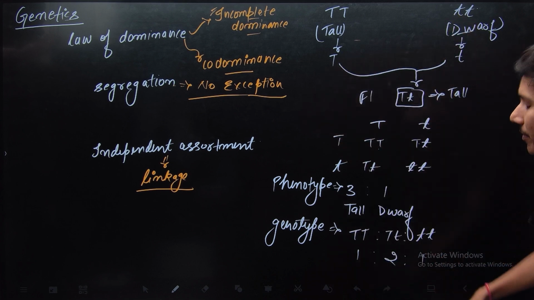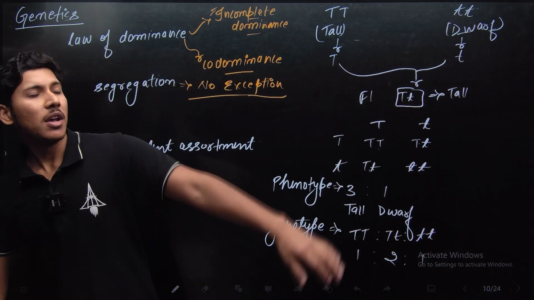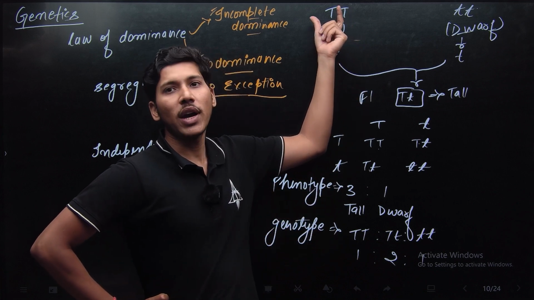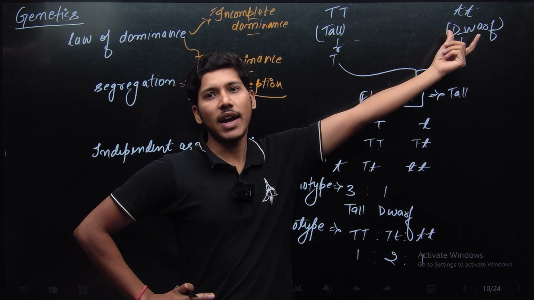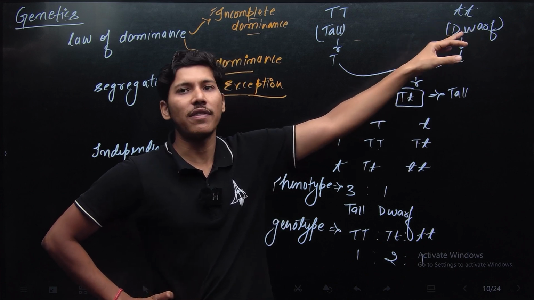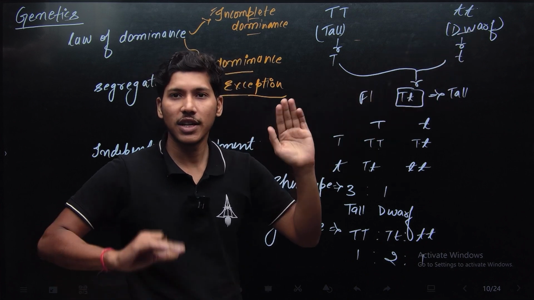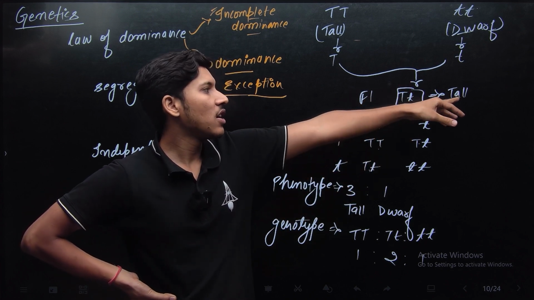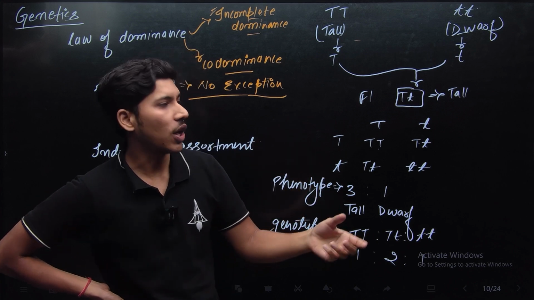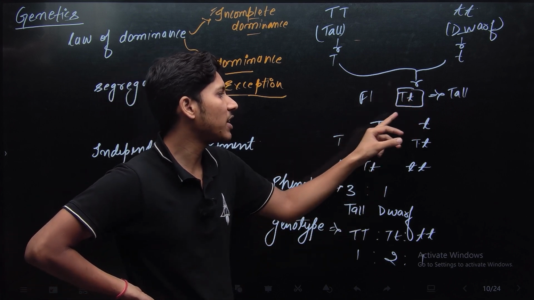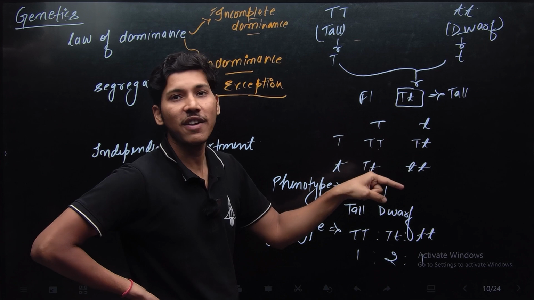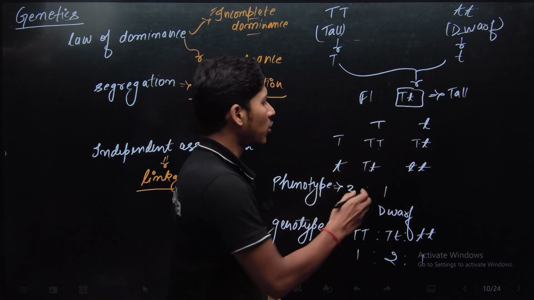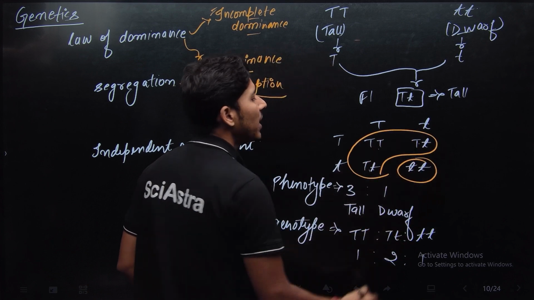So I have made here a typical Mendel's cross for one characteristic. It's a monohybrid cross. Let's say a pure line of capital T tall and a pure line of small t dwarf. It is mated to produce a heterozygous capital T small t, which is the F1 generation, where all the individuals are tall. Okay? Now if they are selfed, on selfing there is a possibility of production of 4 offsprings, out of which 3 will be tall and 1 will be dwarf.